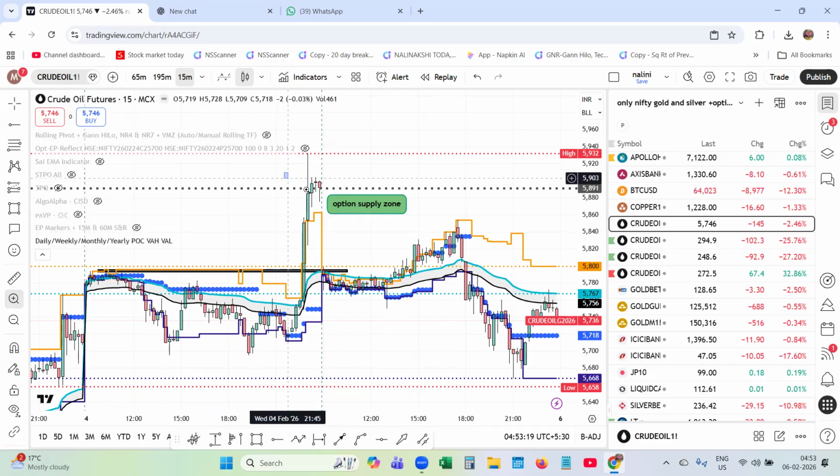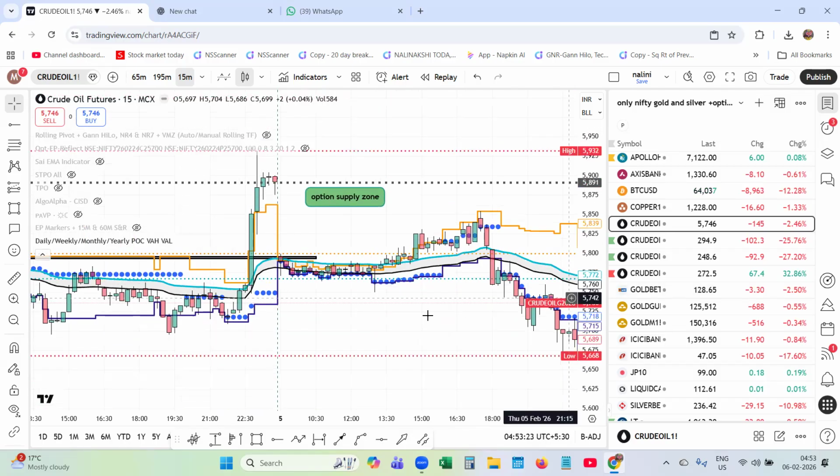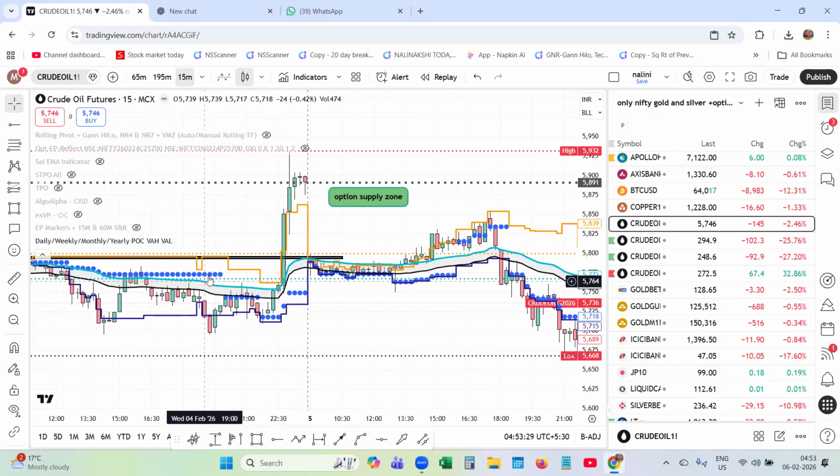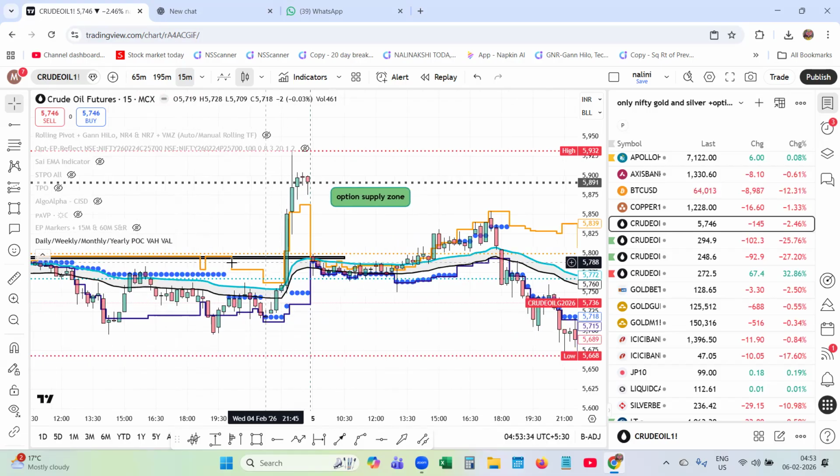This is the market memory POC indicator. I'm applying this. See, the point of control had stopped over here. The price moved above this value area, but the value has not built.